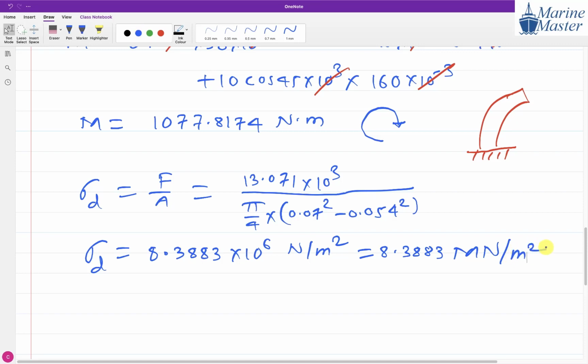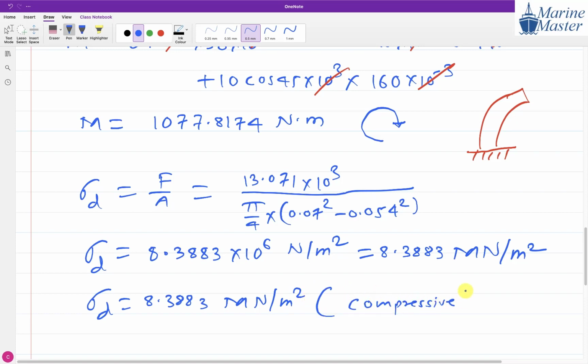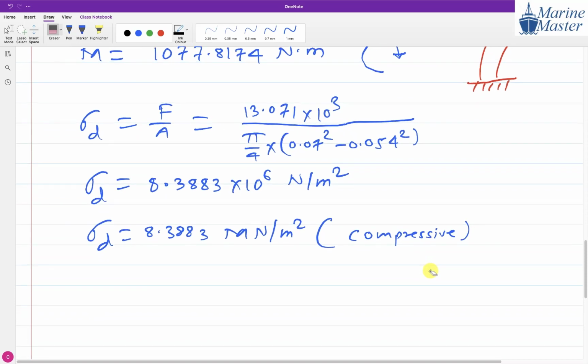So we got sigma d. One minute, I will write down properly: 8.3883 mega Newton per meter square. And what is the nature? Compressive. This nature is very important. So please write down this discussion of sigma d. Then we will see F max.